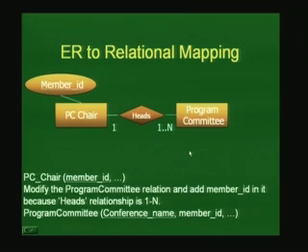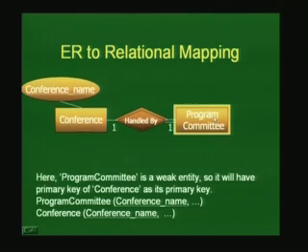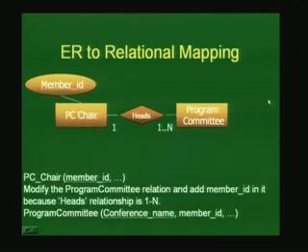Every member is uniquely identified by a key attribute called member ID, and whenever a general entity set has a key attribute, every subclass or specialization of that entity type also inherits the key attribute. Therefore the PC chair also inherits the member ID as its key attribute. So the member ID is the key attribute of the PC chair, and the key attribute of program committee is the conference name. Now a PC chair heads a program committee, and look at this relationship, it is a one to n relationship.